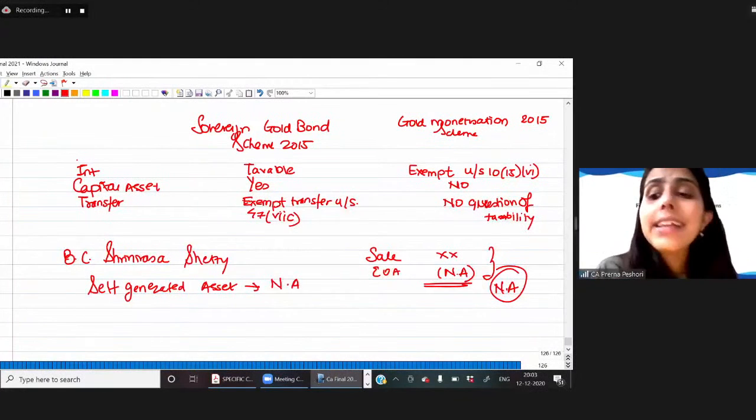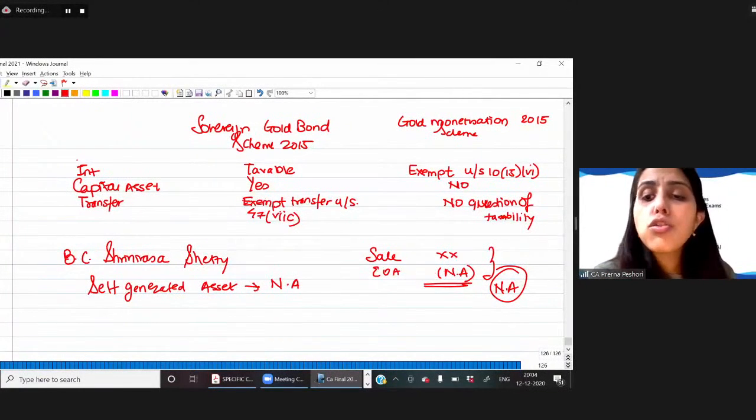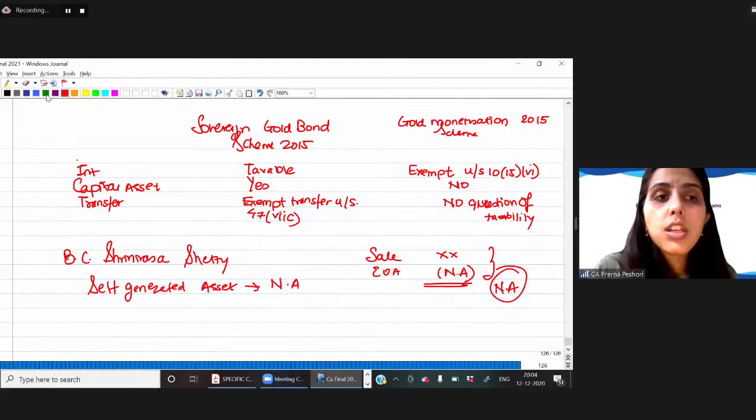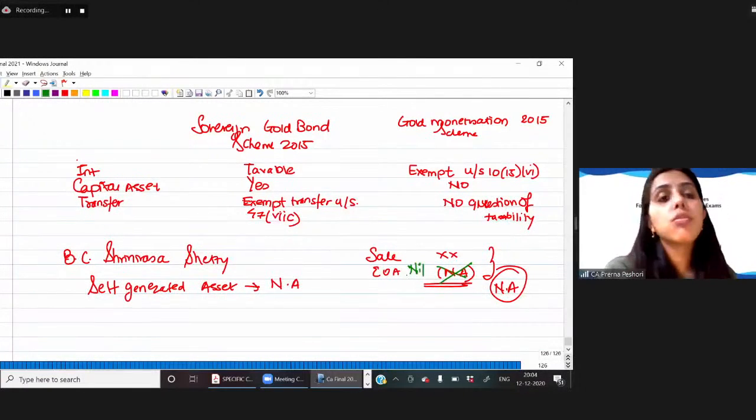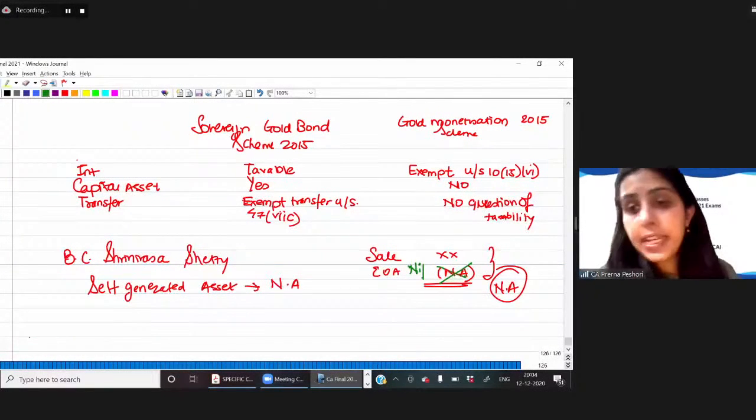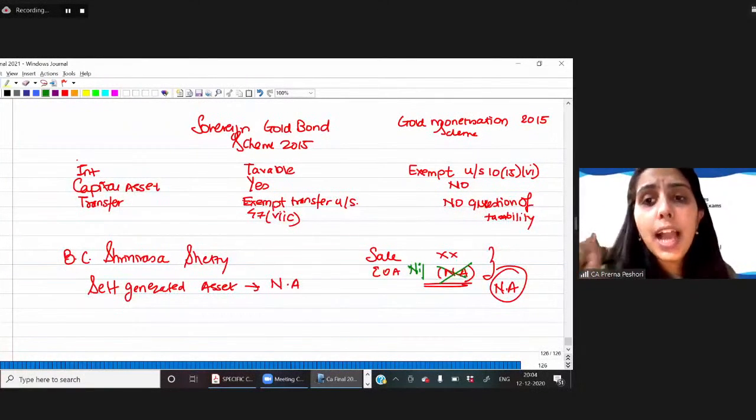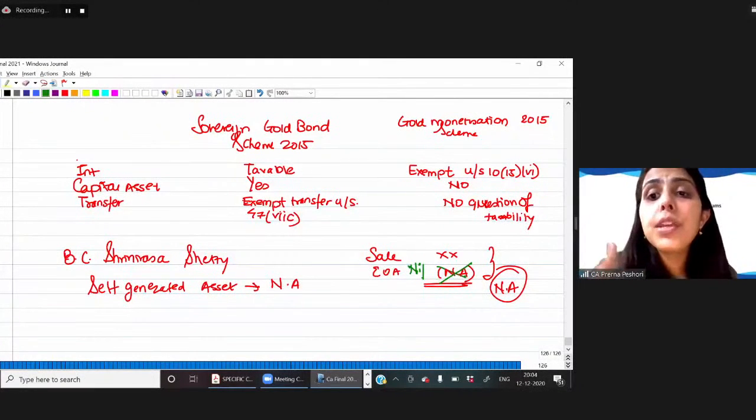To override that judgment, an amendment was carried out under section 55. What does it say? Cost of acquisition shall be nil and not applicable. Now, what will be the difference between nil and not applicable? With not applicable, you will have no capital gains because you cannot compute the capital gain itself.